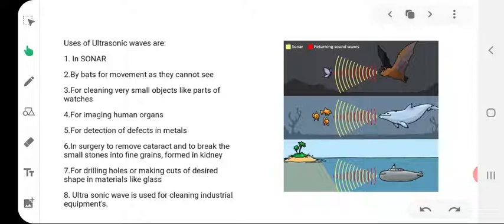It is used for removing kidney stones. So it has a wide range of applications even in the field of medicine. Ultrasound is used for detecting flaws in metal casting and automobile tires. So several uses of ultrasonic waves are there.